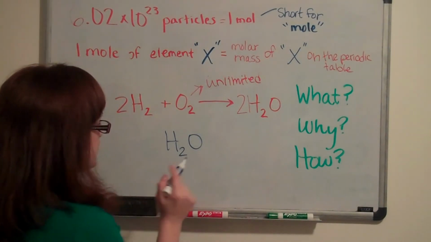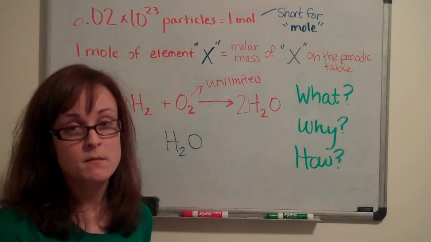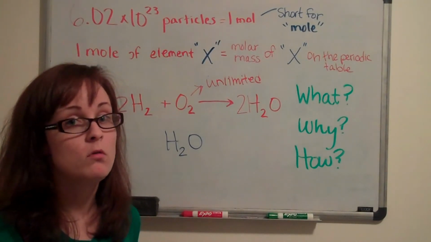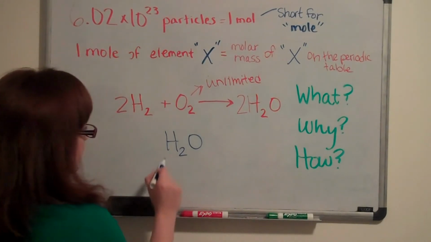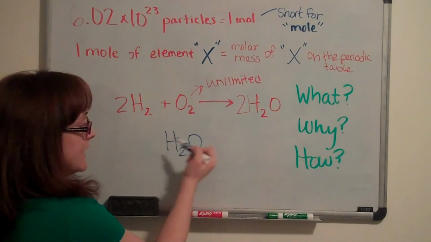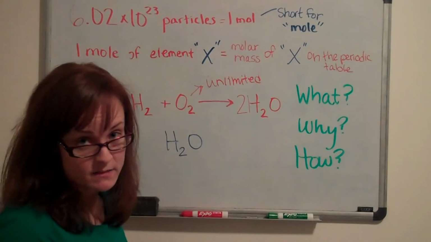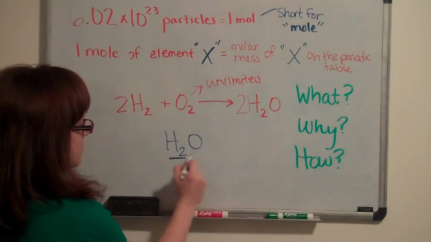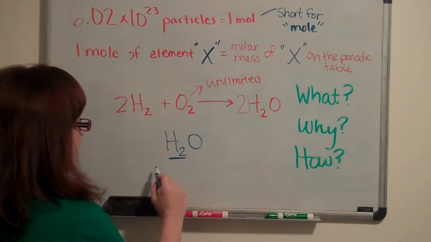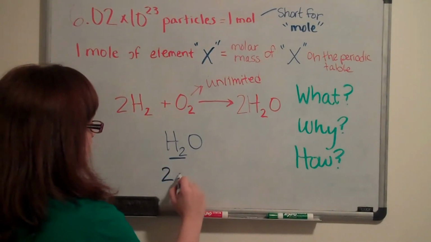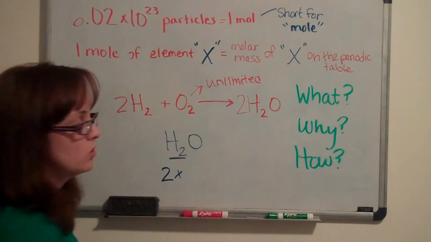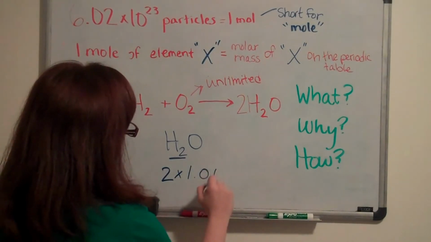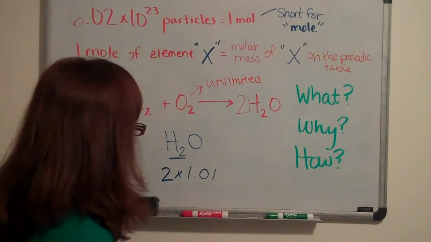The way that we find the molar mass, or the amount of grams in 1 mole of water, is we take the molar mass of the elements individually and add them together. For water, we have 2 atoms of hydrogen, and hydrogen has a molar mass of 1.01 if you look on your periodic table.